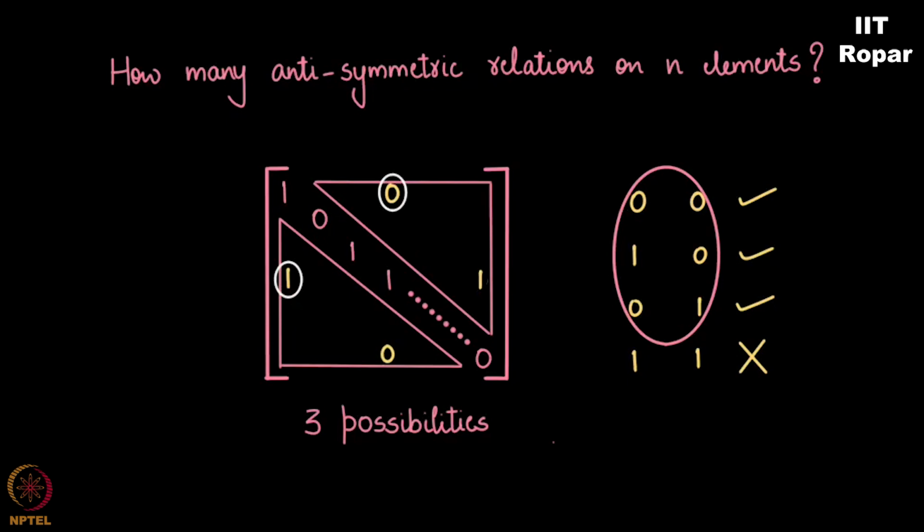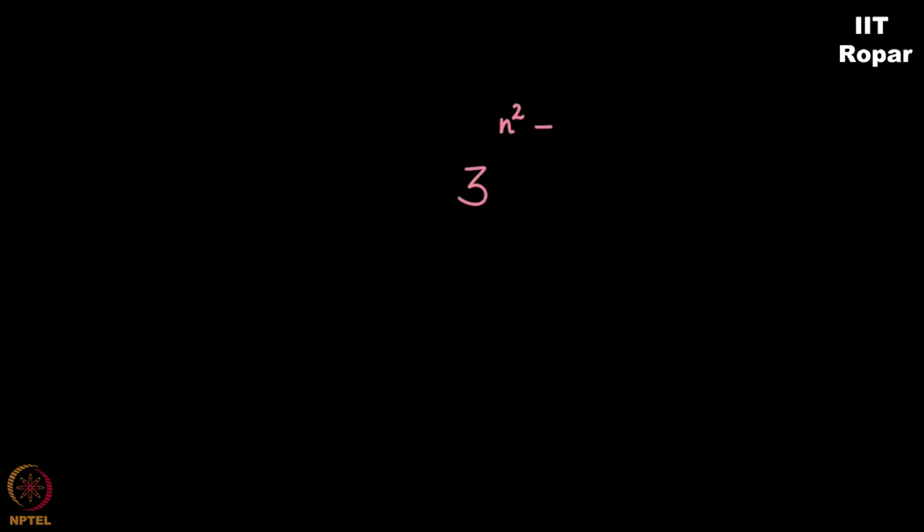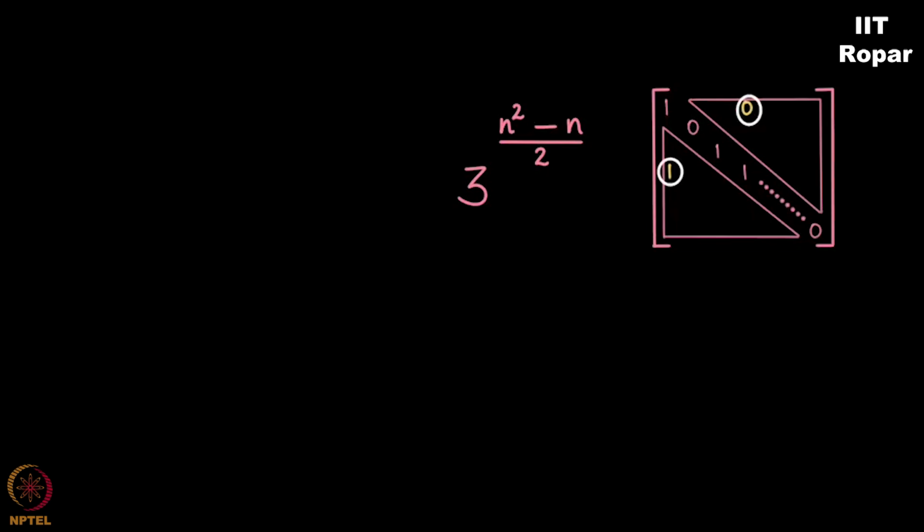How many pairs? (n square minus n)/2 pairs, right? How many such pairs are there? If you start counting this element and this element as a pair, ijth entry and jith entry as a pair, you have (n square minus n)/2 such pairs, correct?